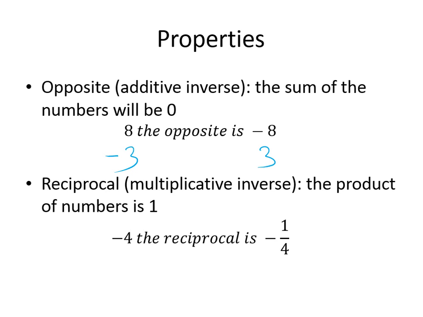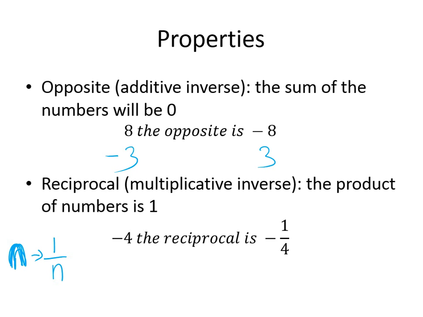The other one is the reciprocal. Reciprocal is also called the multiplication inverse. Okay? Basically the product of it will be 1. So when you multiply them together, you will get 1. The reciprocal of negative 4 is 1 over 4. So if you want to find the reciprocal of, let's say, n, talking in general terms here, the reciprocal of n will be 1 over n.